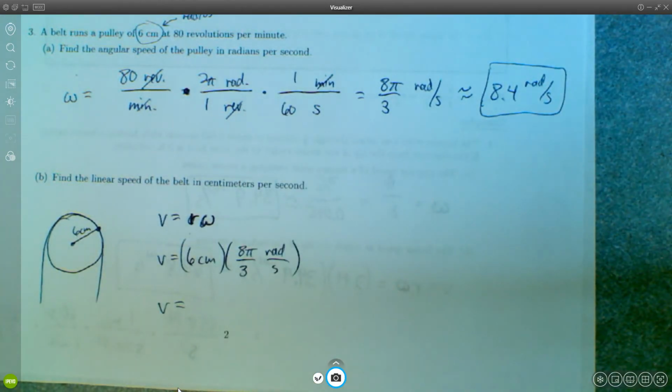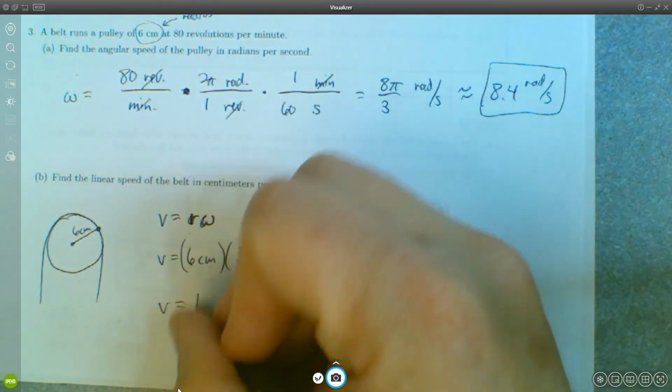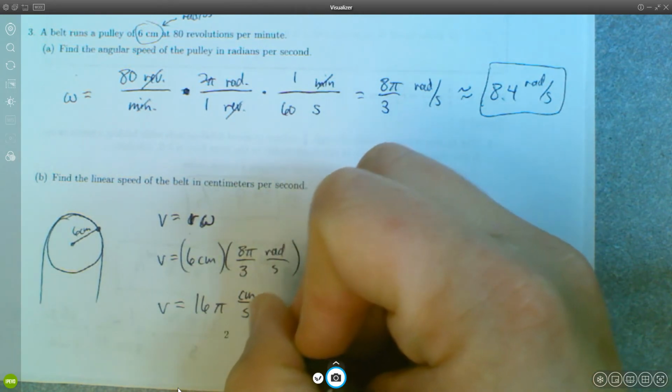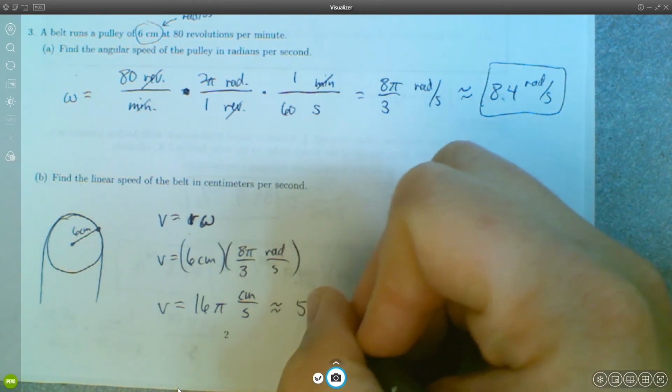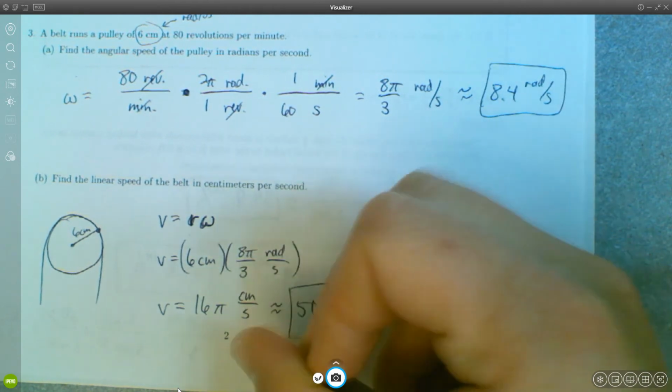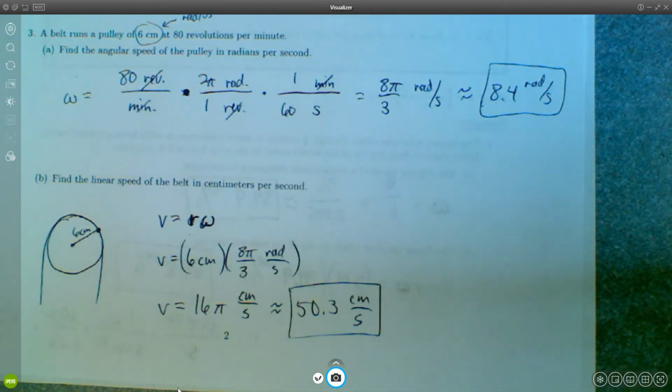Let's see, 8 pi over 3 times 6 is 16 pi. So it's 16 pi centimeters per second. That's approximately 50.3 centimeters per second. Okay, so that's how fast the belt is moving.